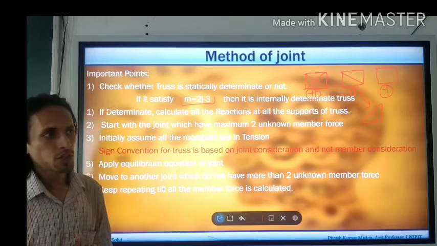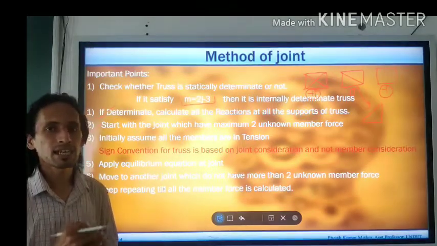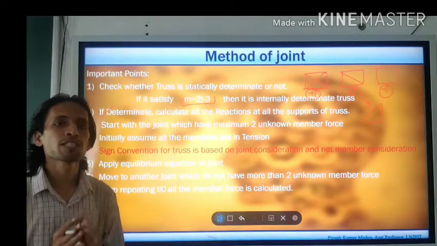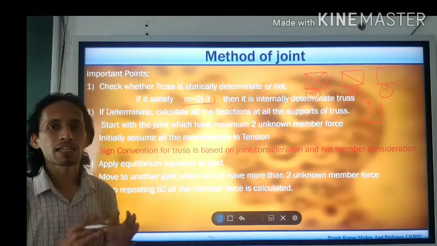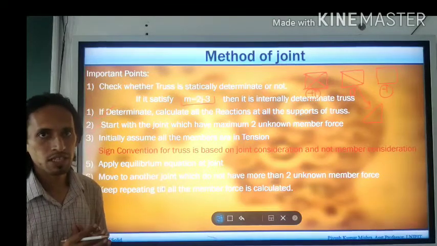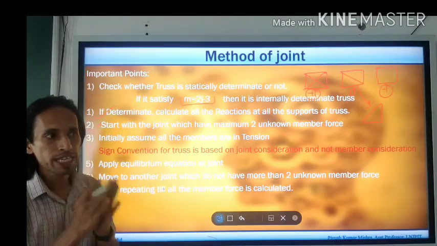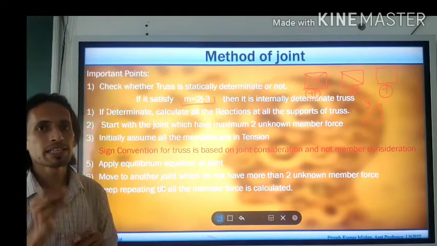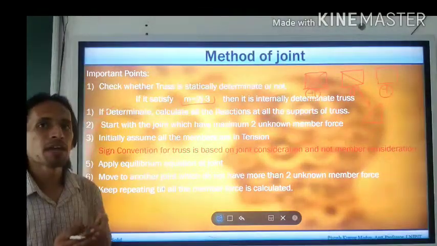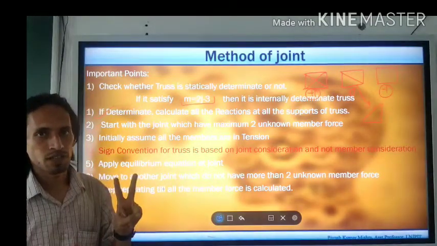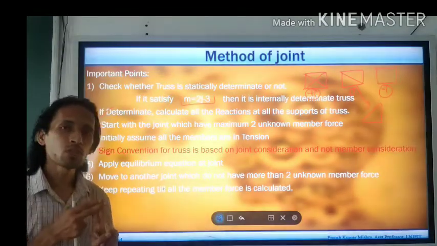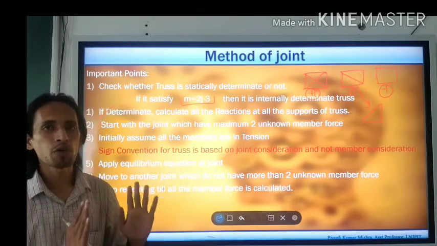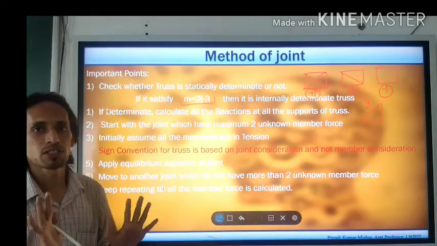Before that, you need to select the joint from which you should start solving the truss. You should keep in mind that you need to start with a joint which has a maximum of 2 unknowns. If there are 2 unknowns, you will be able to solve the truss smoothly and you won't get stuck in the equations.